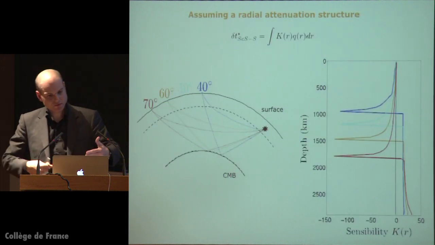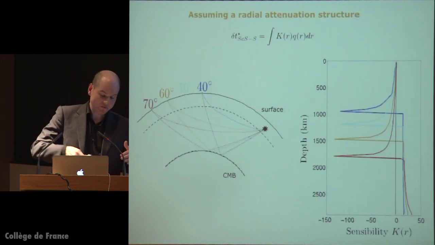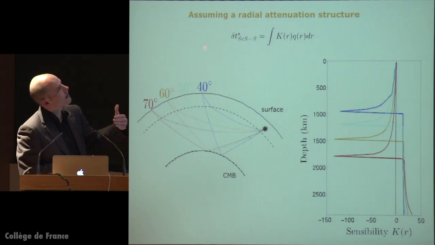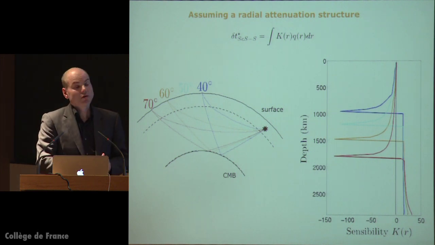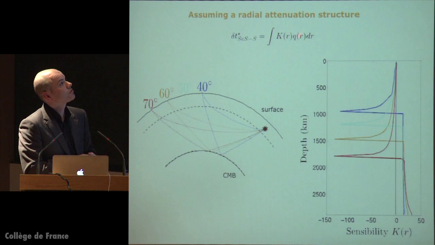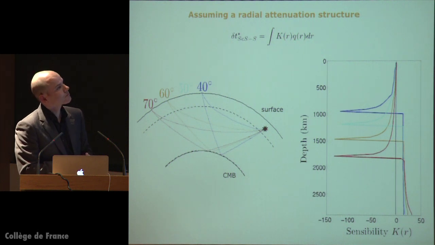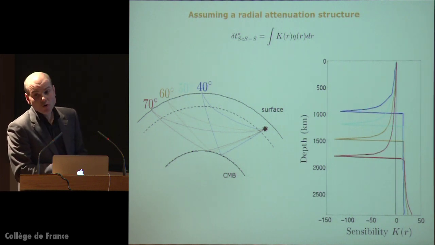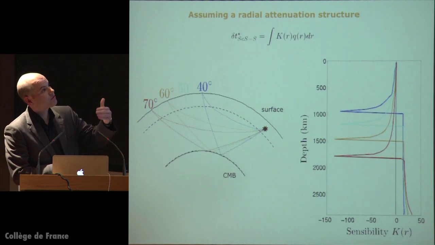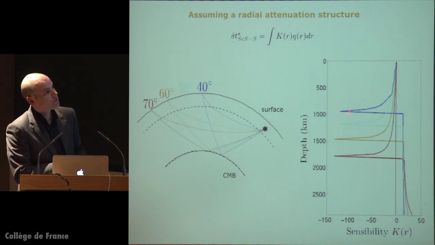You can take it also from the other side. In the case of a radial attenuation structure, for the delta T star you can compute a kernel for this attenuation, where here is a small q, and this is the kernel as a function of depth. So for example, if you have low q, which means high absorption, as I said, you will have a negative delta T star.